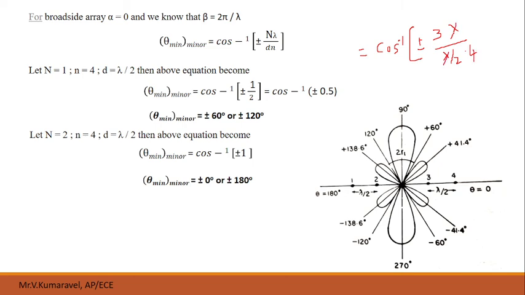The lambda gets cancelled, and the twos get cancelled. We will have cos inverse of 3 by 2, which is cos inverse of plus or minus 1.5. This is not practically possible because the maximum value of the cos function is 1, so we cannot have more than 1. So N equal to 3, 4, 5, and so on is not at all possible. Okay, thank you.